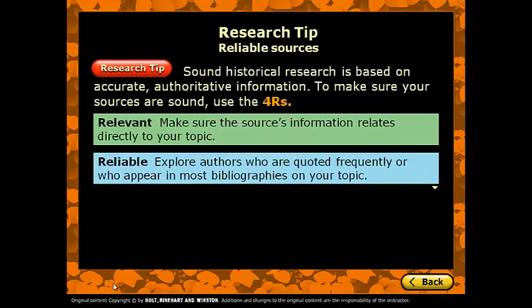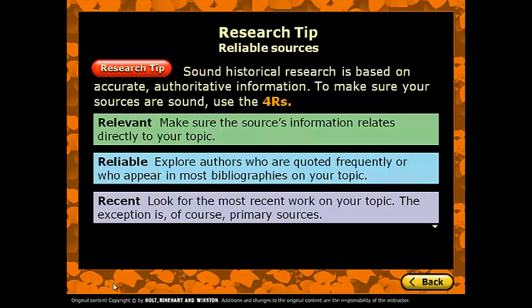Then you make sure it's reliable. You want to get sources written or presented by people who know what they're talking about. You don't want to get people that are just stating their opinion. You want experts. So you're going to explore authors who are quoted frequently or who appear in most bibliographies on your topic.